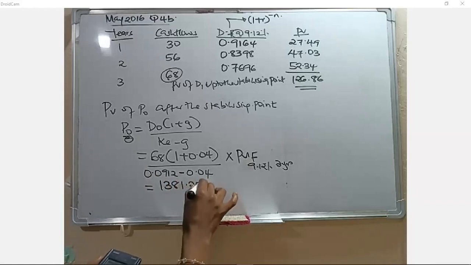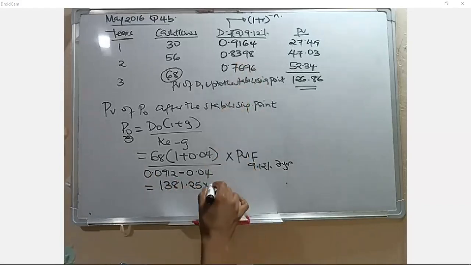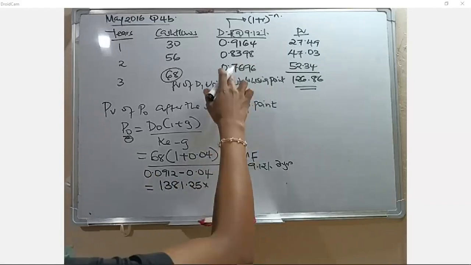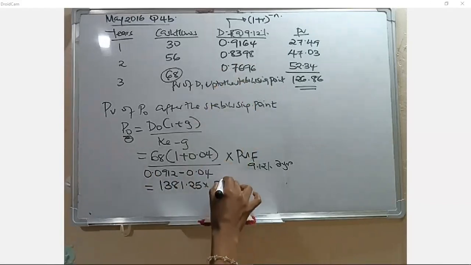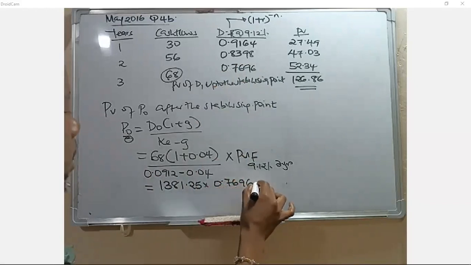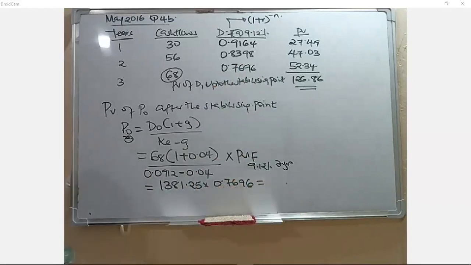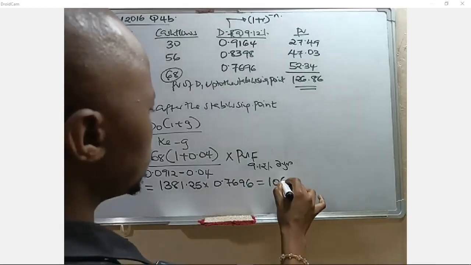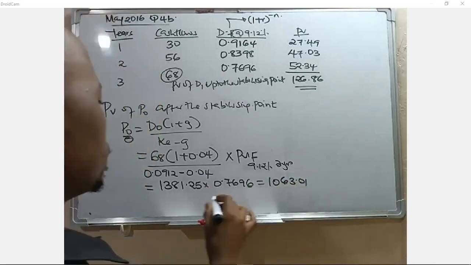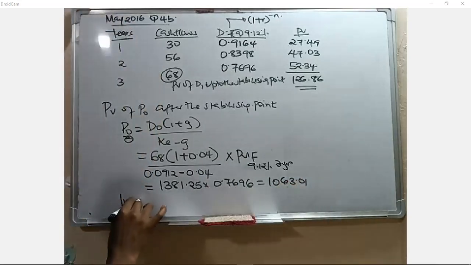Then you multiply by the discounting factor, which now if you can do it, it is translating to 0.7696, right? Then you multiply just direct. I don't want you to be cramming a lot of things. And I'm getting 1063.01.